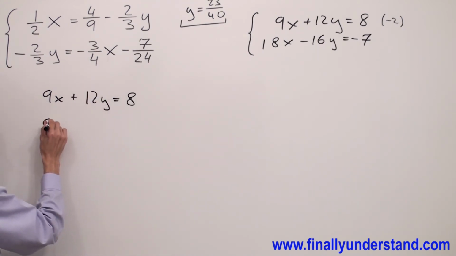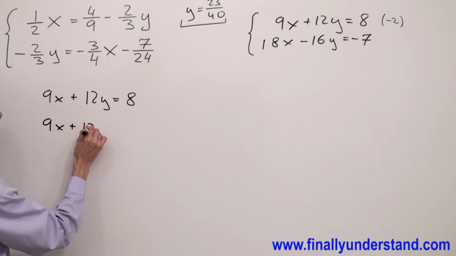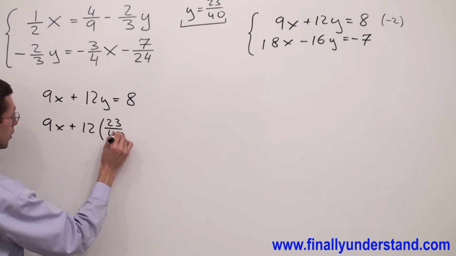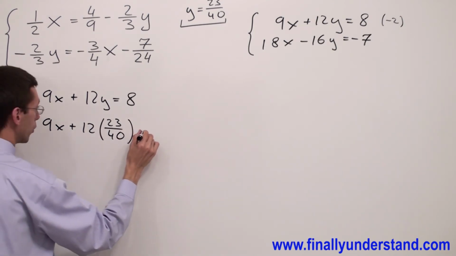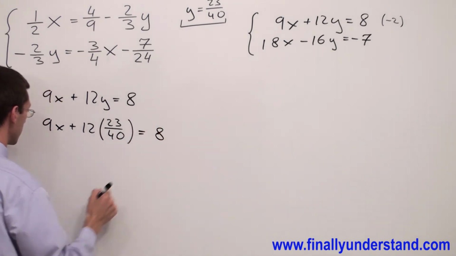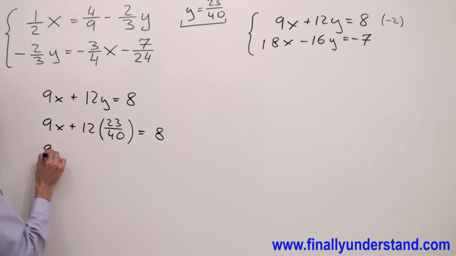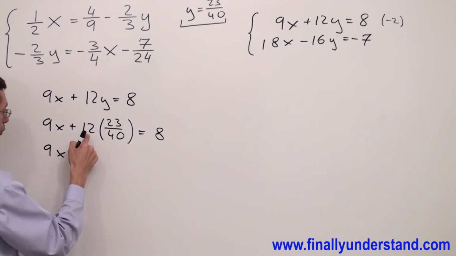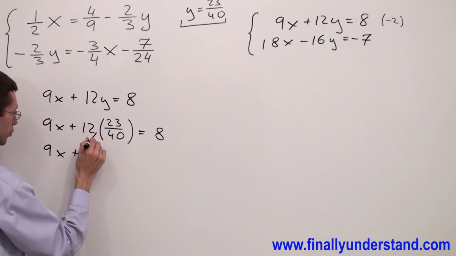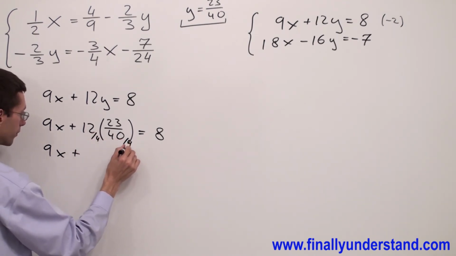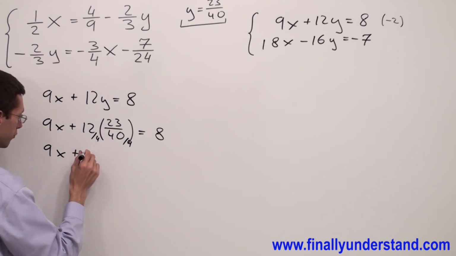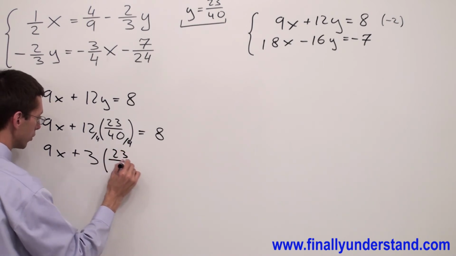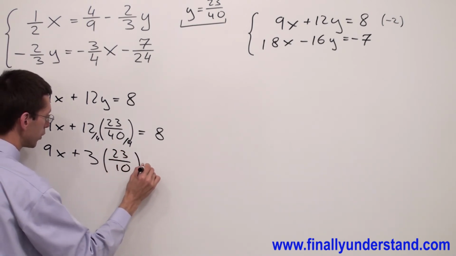I have 9x plus 12 times 23 over 40 equals 8. I have 9x plus 12 and 40 can be reduced by 4. So I have 12 divided by 4 is equal to 3. And I have 23 over 10 equals 8.